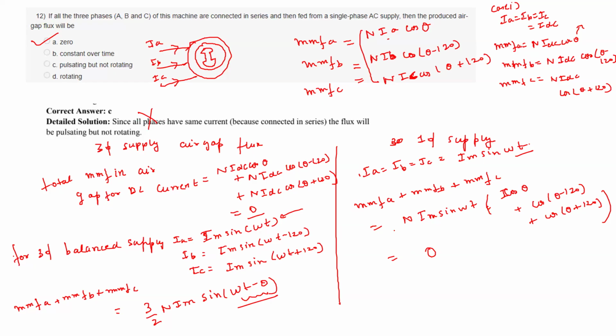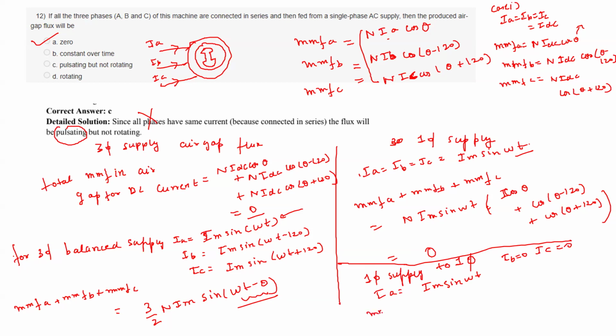When it will be pulsating, I will tell you. It will be pulsating only when you are giving supply to one phase. You're not giving it to three phases. Let us say you are giving it to only A phase, IB is 0, IC is 0.